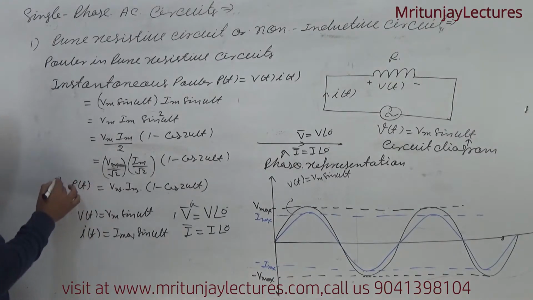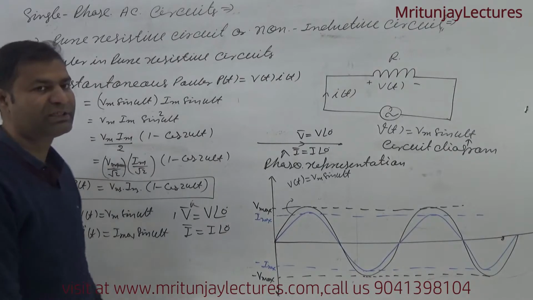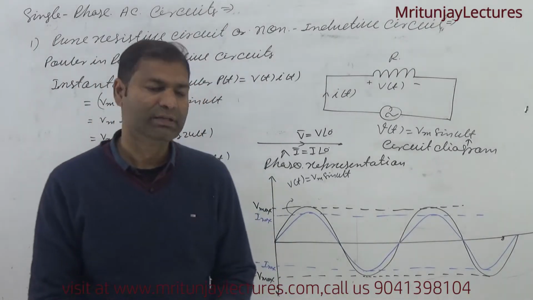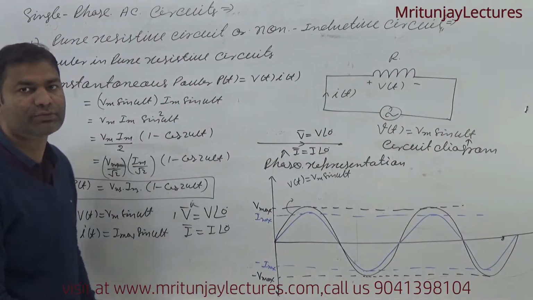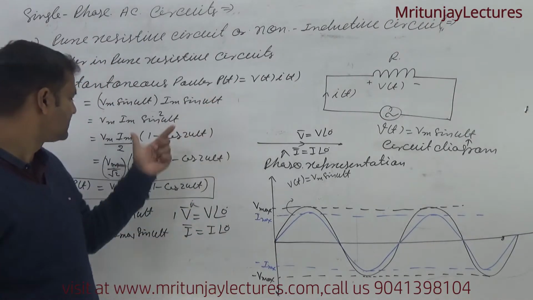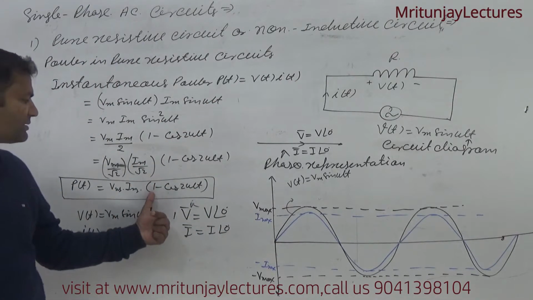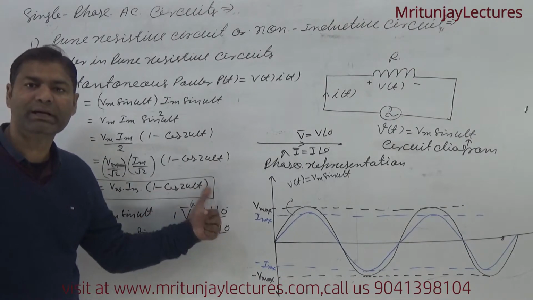This is called instantaneous power. Sometimes they ask about instantaneous power: the expression is Vt into It, and after multiplication we get Vrms into Irms, in brackets 1 minus cos 2 omega t.